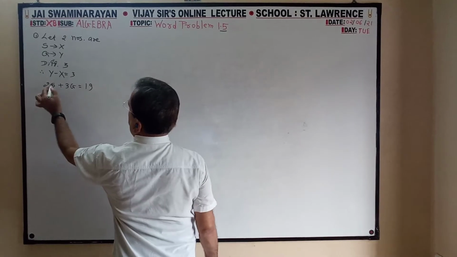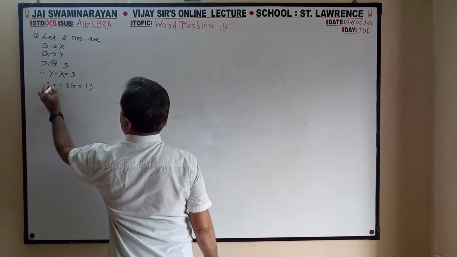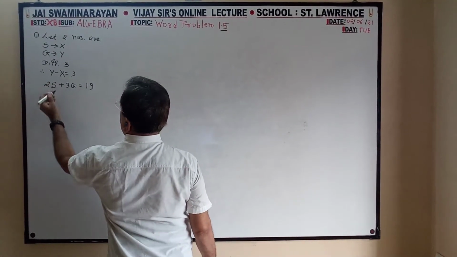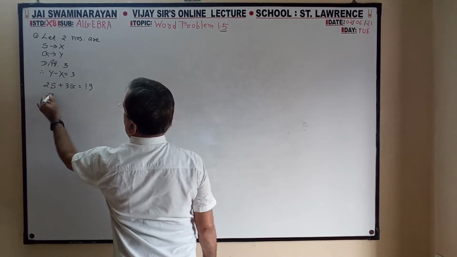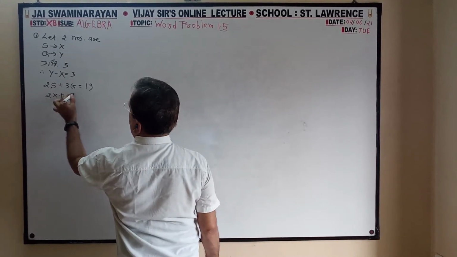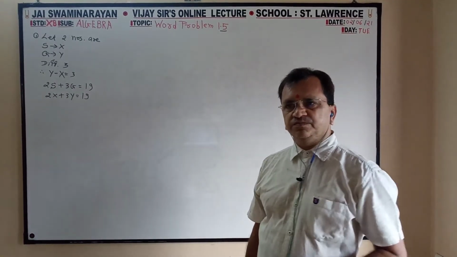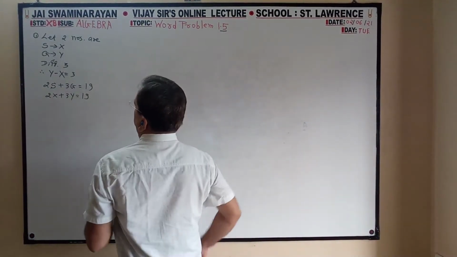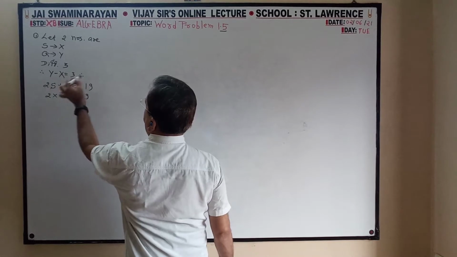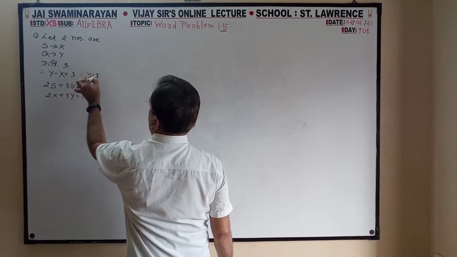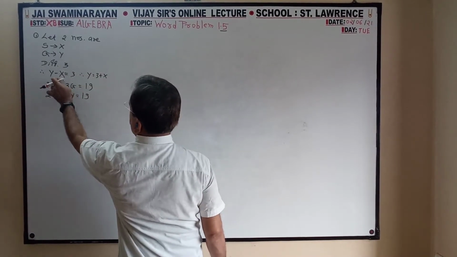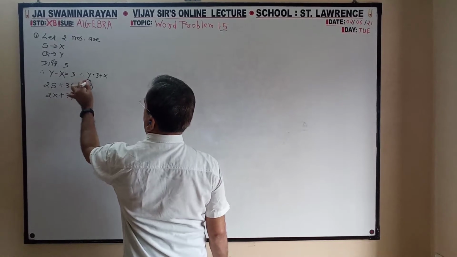So what is the smaller number? This is x. So 2x plus 3y is equal to 19. From this we can identify y is equal to 3 plus x, this comes to this side. So we got the value of y.